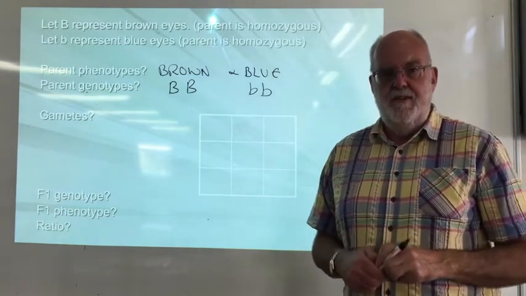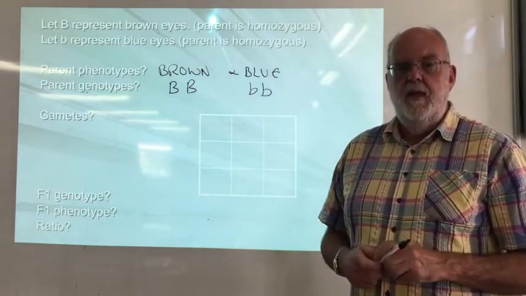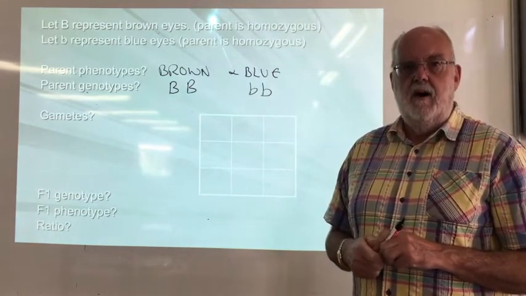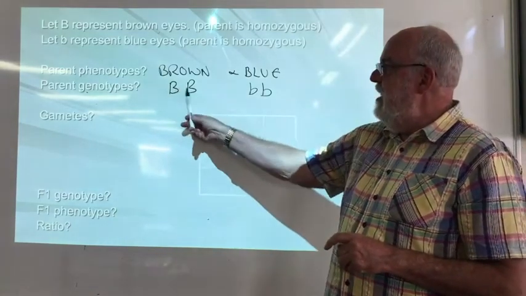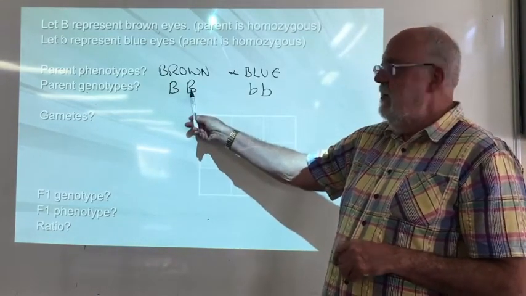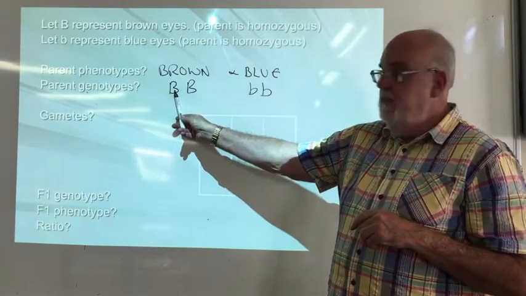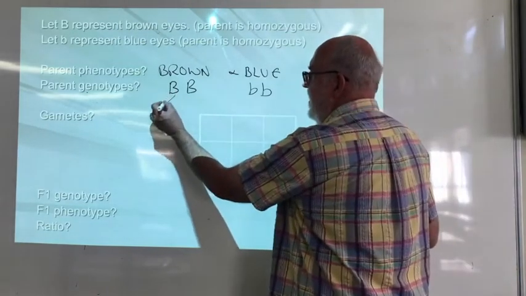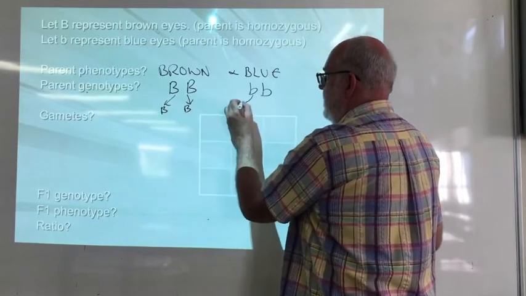Now, when gametes are formed, you'll know from meiosis that we did just recently, what happens is that the number of chromosomes halves to make the gametes. So instead of having a homologous pair of chromosomes, you've got one chromosome only in the gametes. So in this case, the gametes are going to be made by splitting this into two separate B's like that.